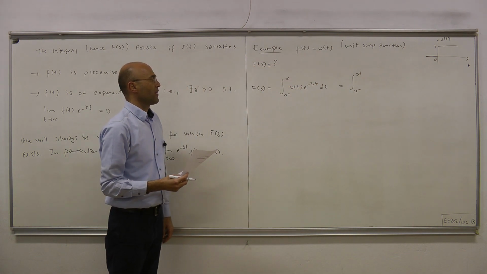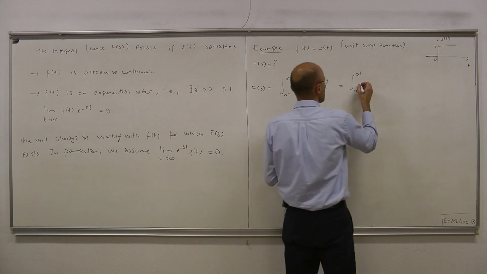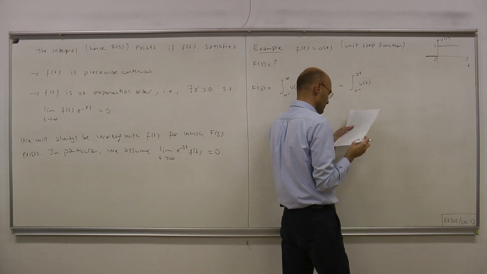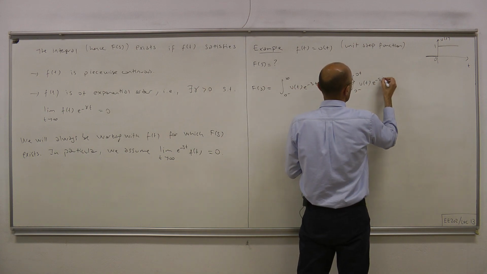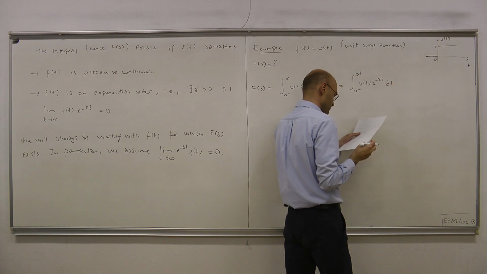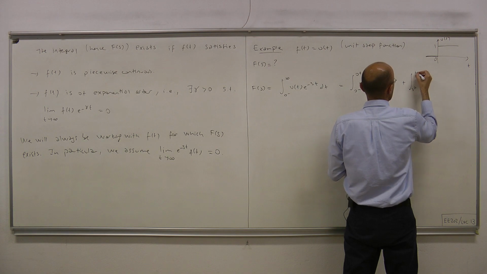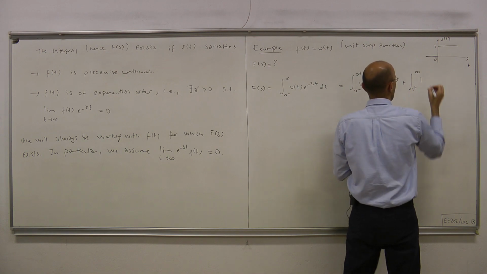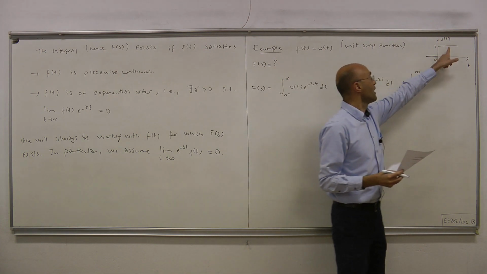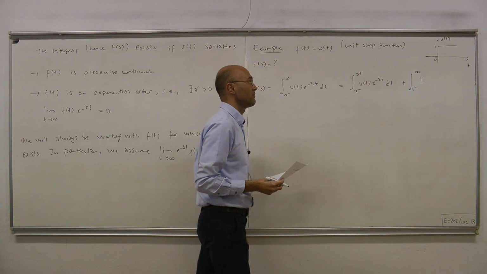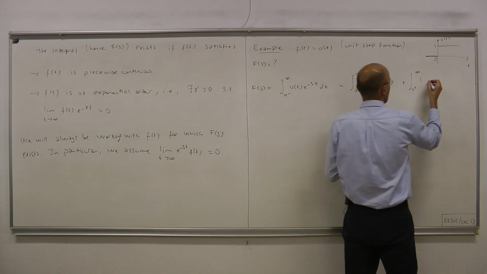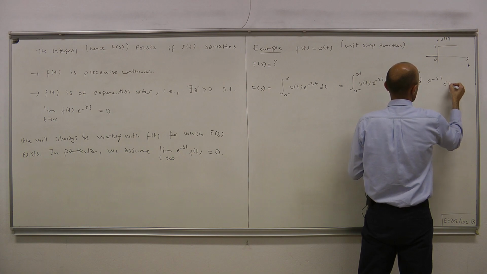This equals the integral from 0 minus to 0 plus u of t times e to the minus st dt, plus from 0 plus to infinity 1, because 1 is the value that u of t takes for positive t, times e to the minus st dt.